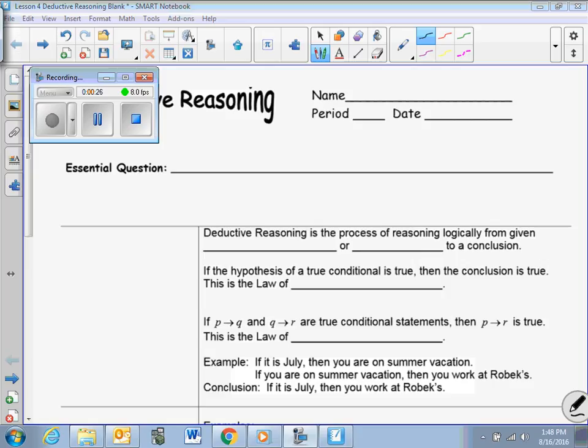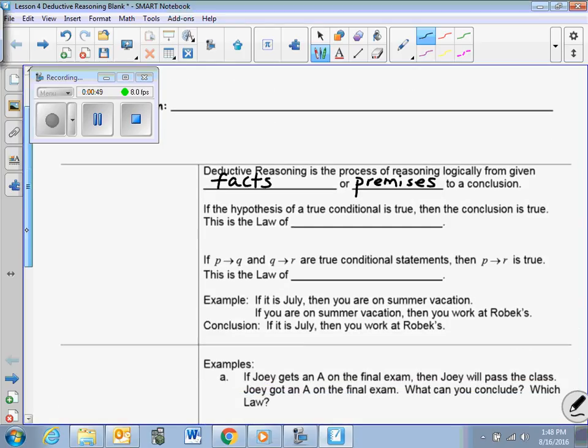And here we go. What is deductive reasoning? Well, it's the process of reasoning logically from given facts, or sometimes you might see it written as premises, to a conclusion. So remember, inductive reasoning, you base your conjecture on patterns or observations. Deductive reasoning, we're dealing with facts.